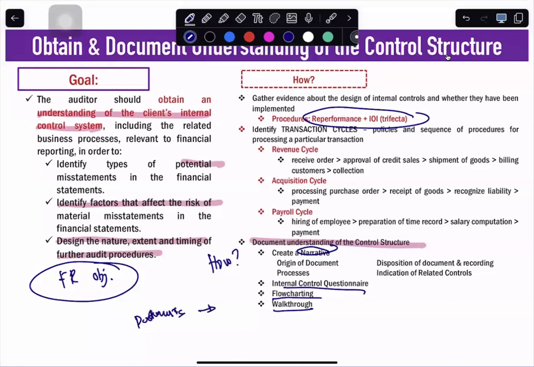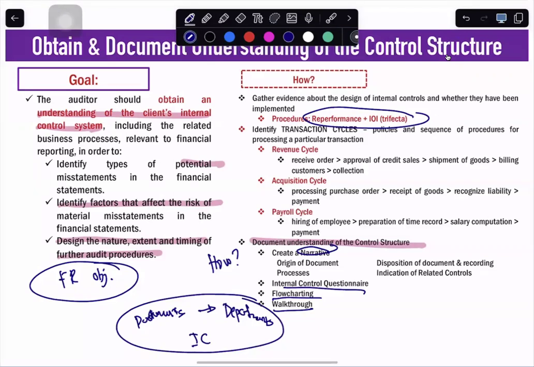Also, based on those documents, what departments that particular document will flow into, and what internal controls should be placed on those documents and the department handling that particular document. So that is how we do our narrative. And if you think that the internal control is placed or not, you just indicate therein.